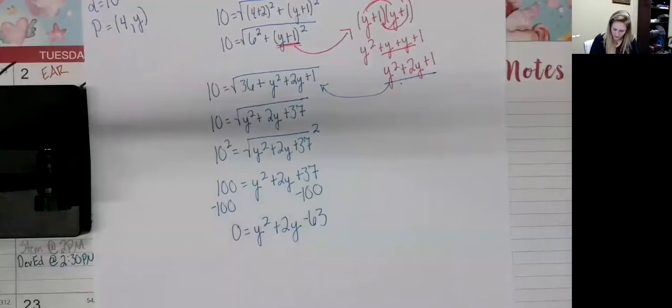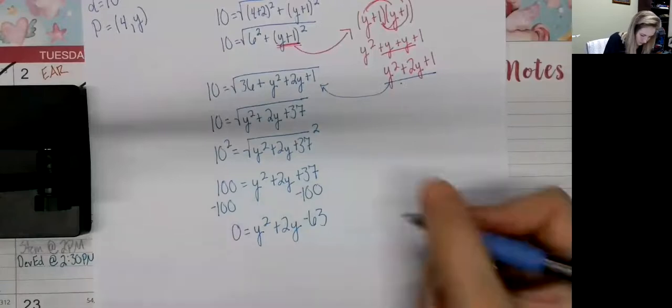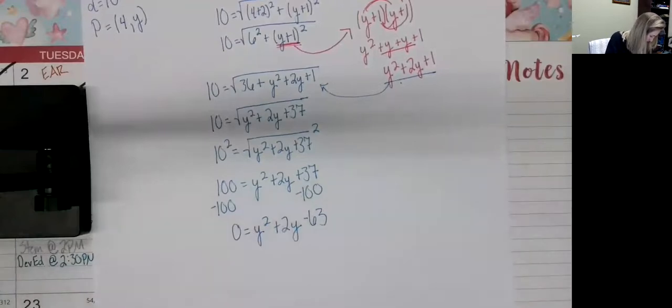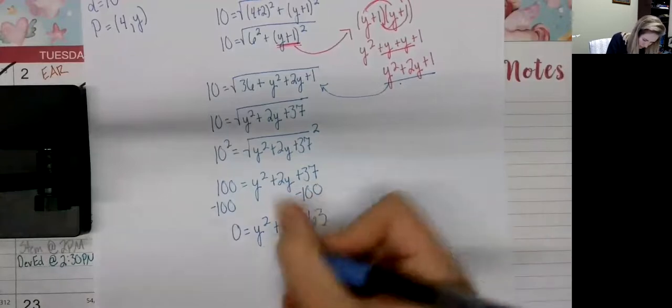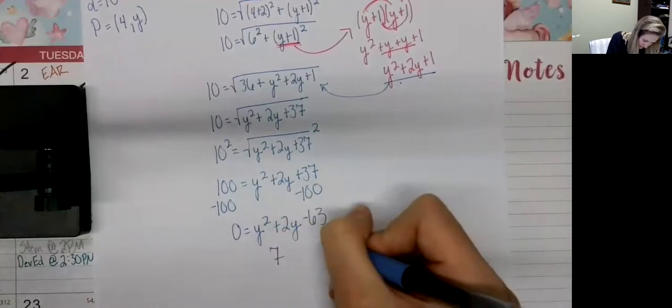Now then, we need our factors of 63 that would subtract to give us 2, which is going to be 7 and 9, I believe. So we're going to have 7 and 9.